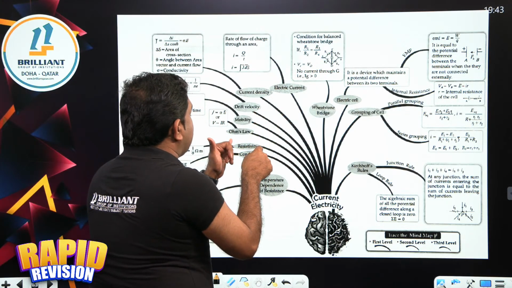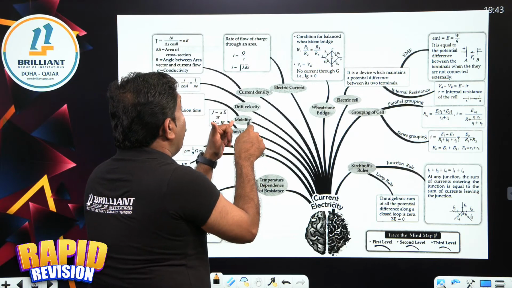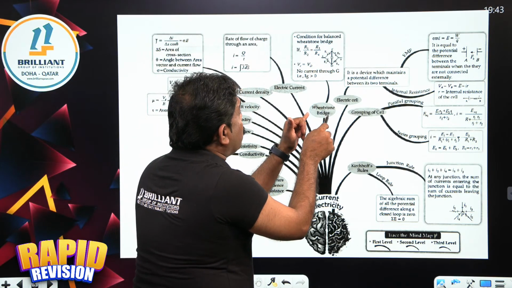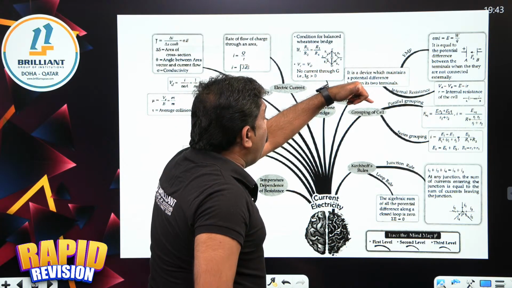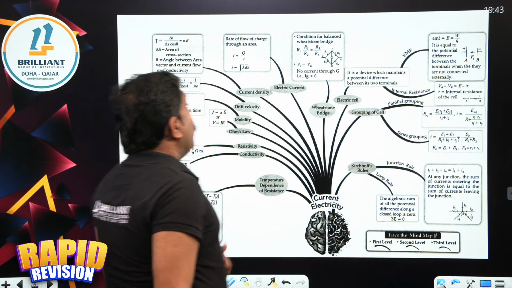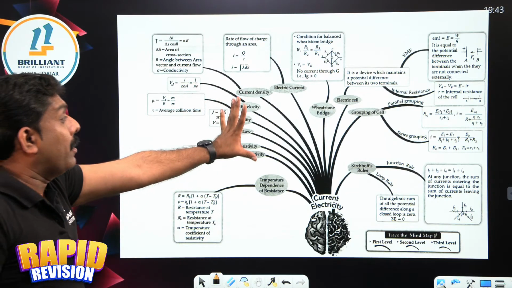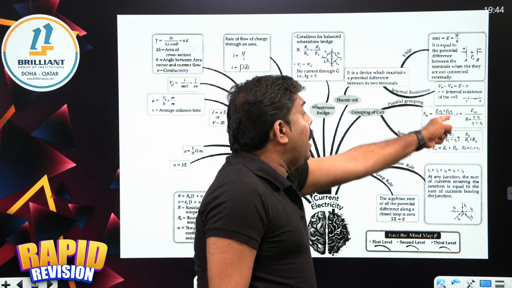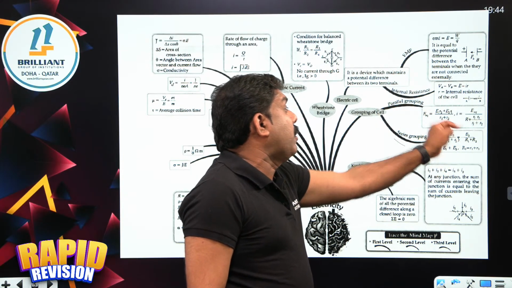We have to study resistivity, conductivity, mobility, drift velocity, current density, and then Wheatstone bridge, electric cell, grouping of cells, and Kirchhoff rules. What are the important derivation parts? The derivation part is the parallel grouping and series grouping of the cell.